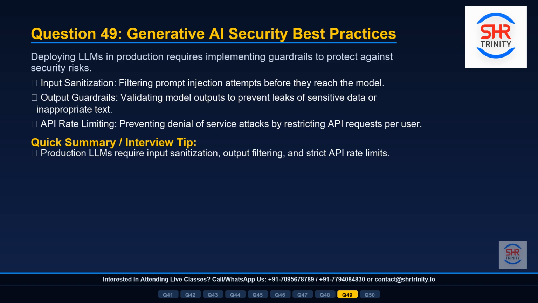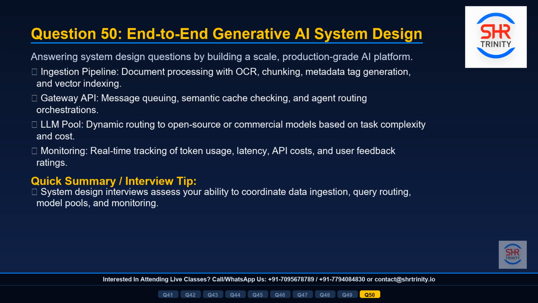In system design interviews for generative AI roles, you are expected to outline a complete production architecture. You start by mapping the ingestion pipeline, detailing document parsing with OCR, chunking, and vector indexing. Next, you design the API gateway, showing how it checks semantic caches, enforces access controls, and forwards requests to an orchestration agent.